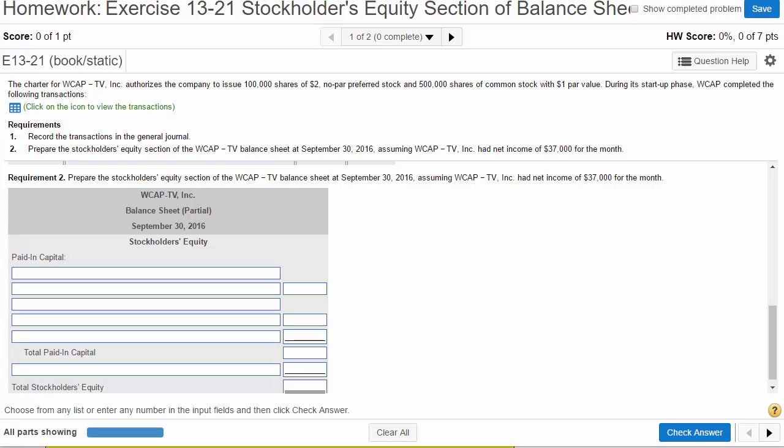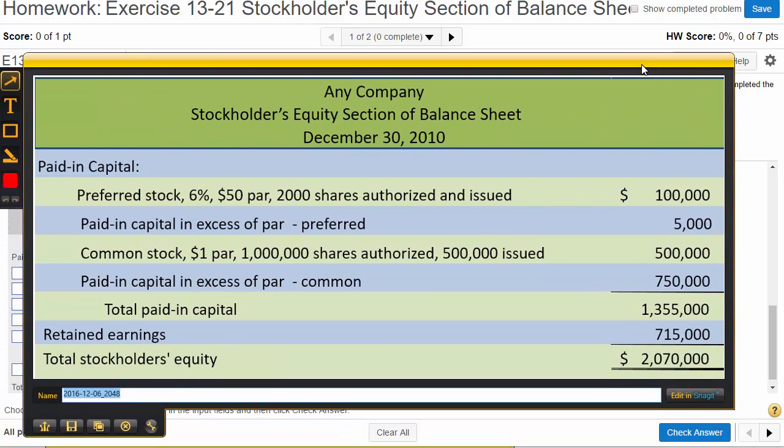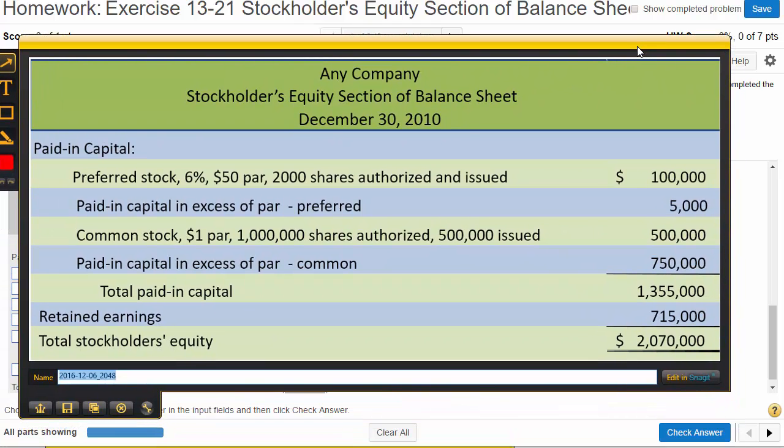Looking back at the slide we had previously, we're going to have preferred stock, and if there is any paid-in capital in excess of par, that would go next for the preferred. Then we list the common stock, and then paid-in capital in excess of par for the common. And then we list our retained earnings. Remember, retained earnings is past profits not yet paid out in the form of dividends.